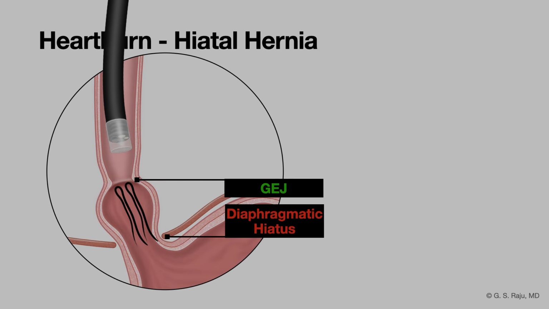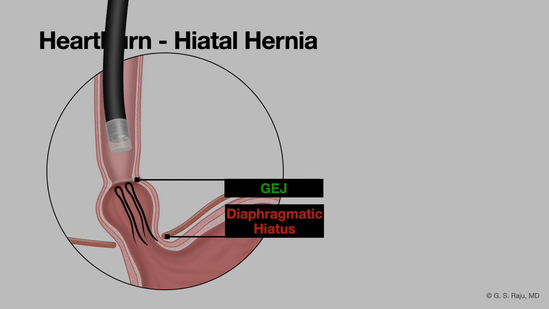In hiatal hernia, what happens is the stomach actually protrudes through the diaphragmatic hiatus into the chest, and the GE junction has moved from below the diaphragm up into the chest. So you see the green color, that's the GE junction. The red color, the diaphragmatic hiatus.